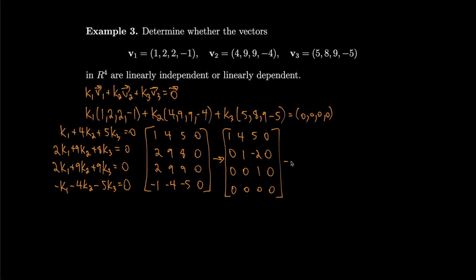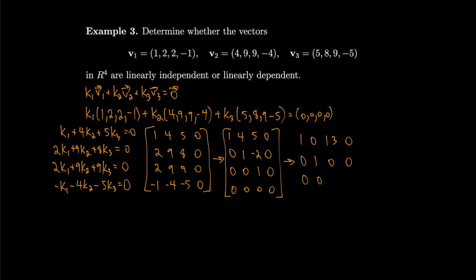Then I'll get rid of this 4 over here, and I'll get rid of that minus 2 over there. I'll take 4 times this row and subtract it from there. So I'll get my top row 1, 0, 13, 0. For my second row, I'll eliminate this minus 2 by adding 2 of this. So I'll get 0, 1, 0, 0.